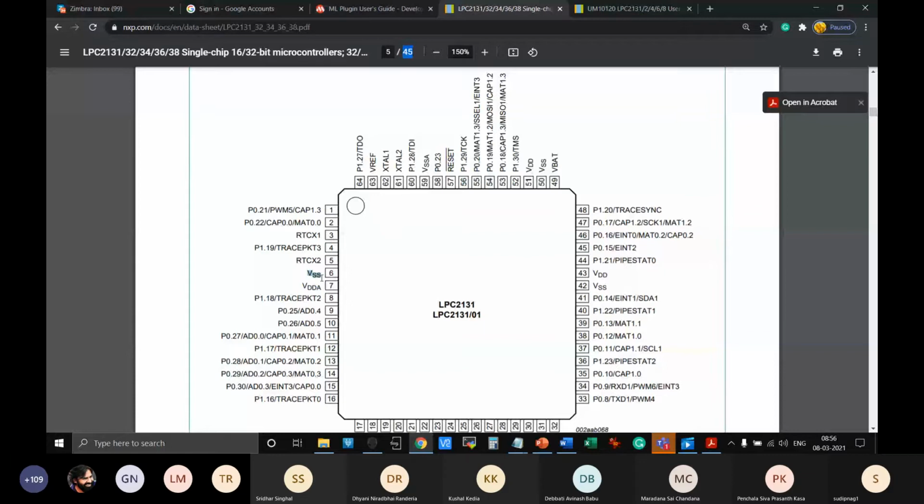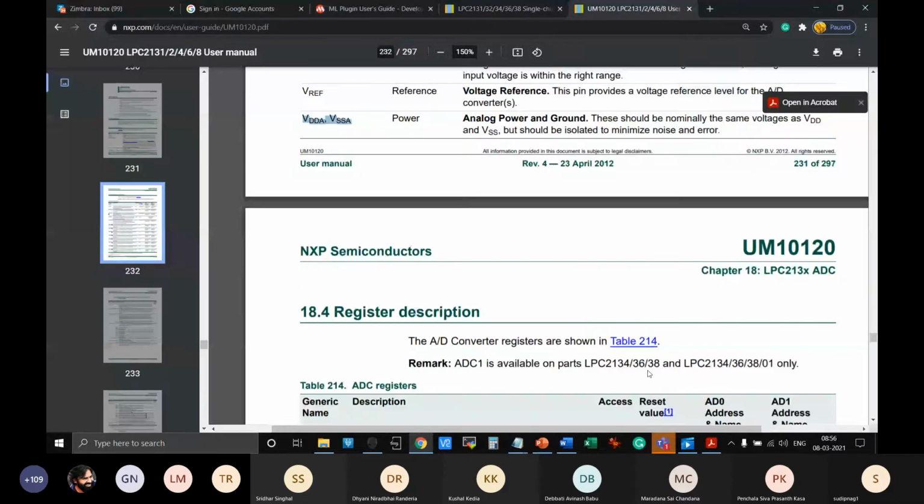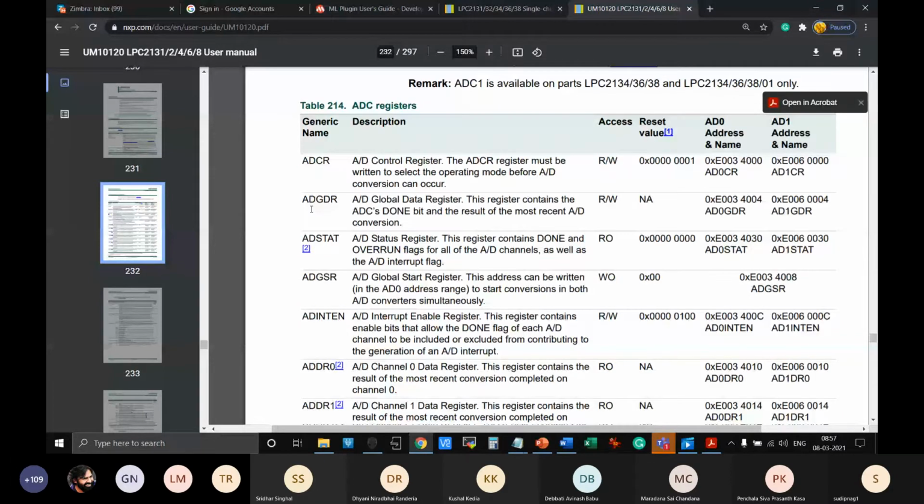Now for the ADC, you'll find a bunch of registers like ADCR. All those registers which are given over here are for ADC configuration. I'll come to them.